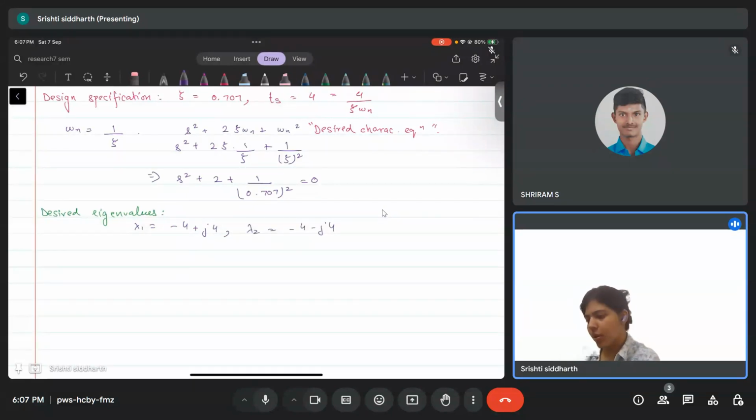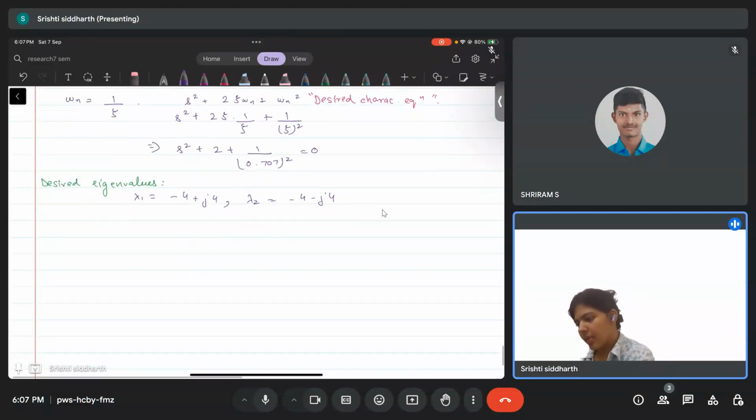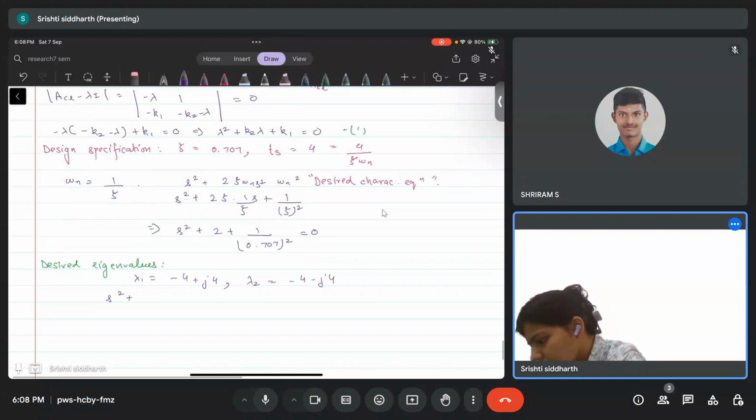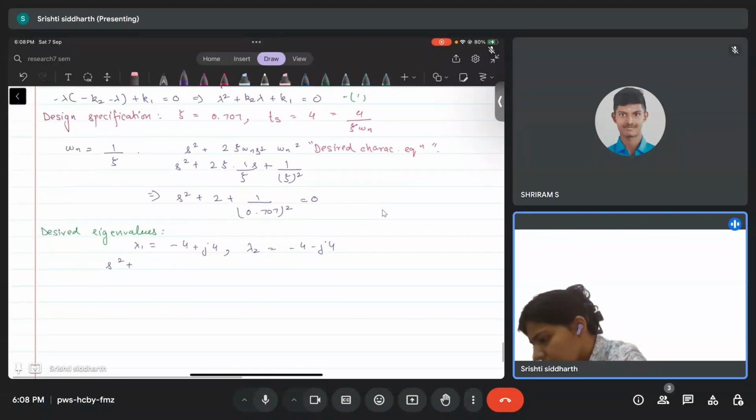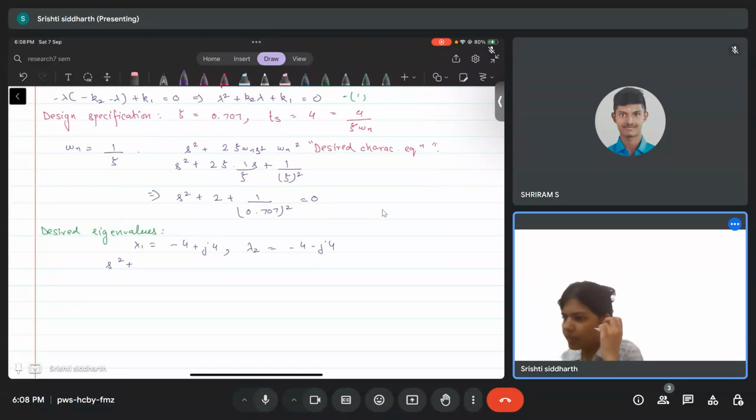So these are occurring as complex conjugate pairs. Sorry about this.